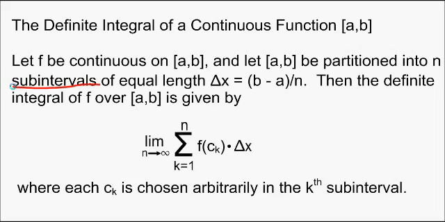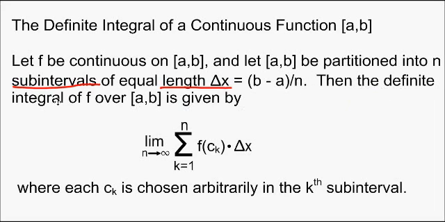So the subinterval length is delta x, which is equal to b minus a divided by n. It's like what we did today. So the stop point minus the start point divided by the number of partitions.